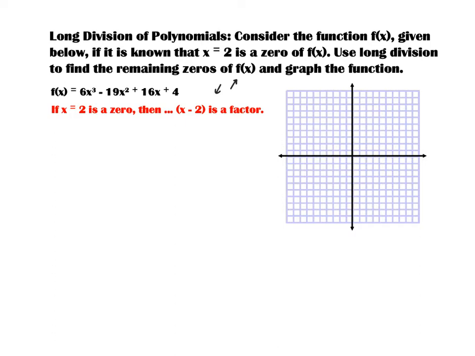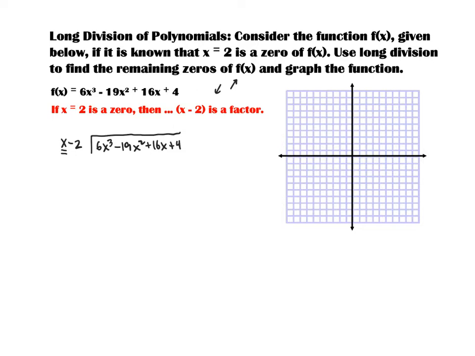So I'm going to divide x minus 2 into our function f of x. 6x cubed minus 19x squared plus 16x plus 4. Okay, now when we do long division with polynomials, all that I ever really care about is x. Okay, so I'm going to divide and see how many times x goes into 6x cubed.